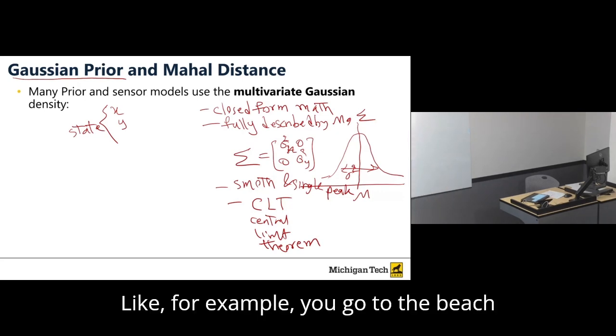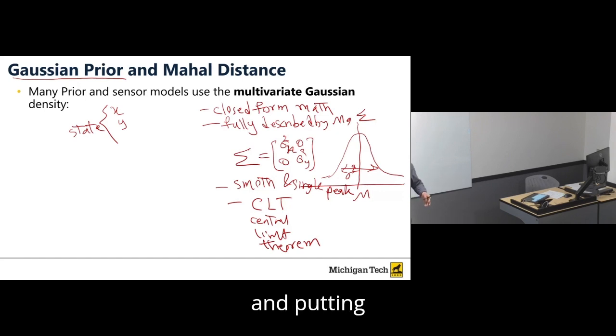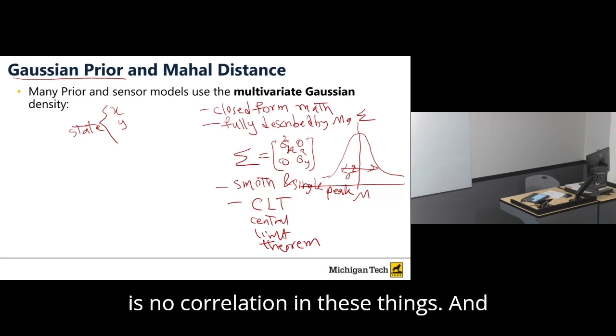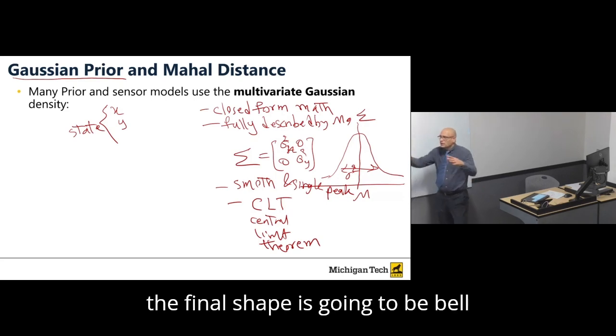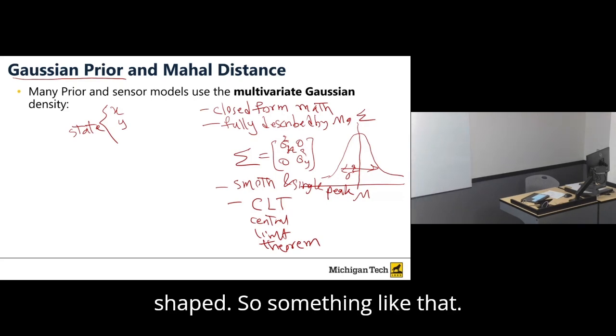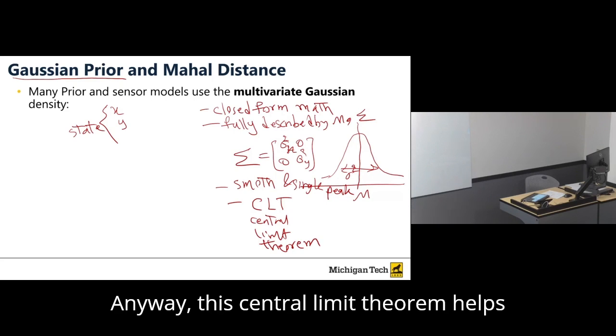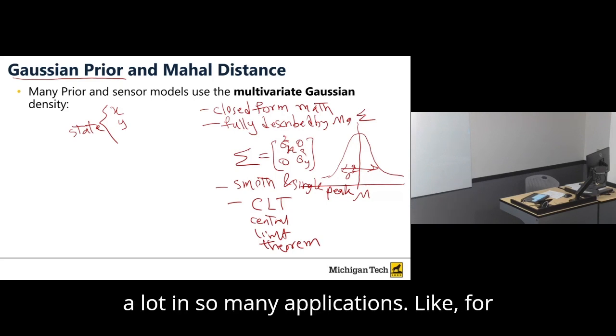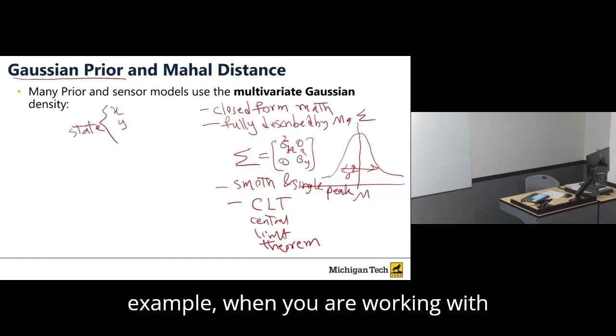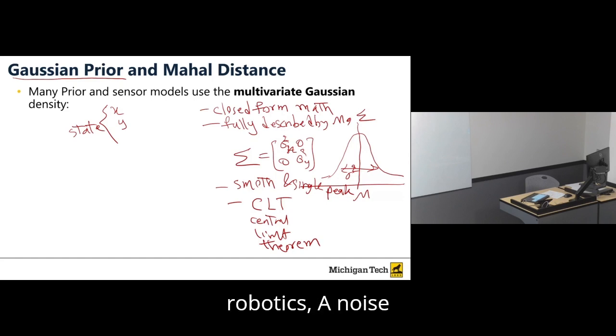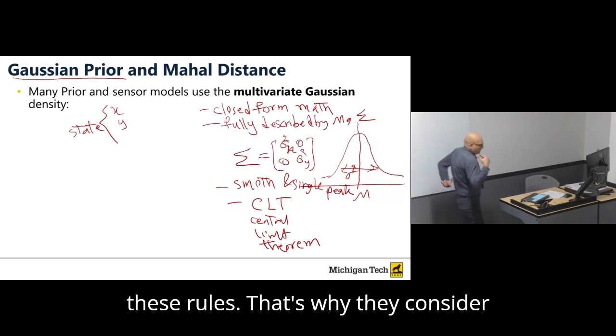For example, you go to the beach and put sand on top of each other, independently, with no correlation between these things, and the final shape is going to be a bell shape. This central limit theorem helps a lot in so many applications. For example, in robotics, the noise of so many sensors follows these rules.